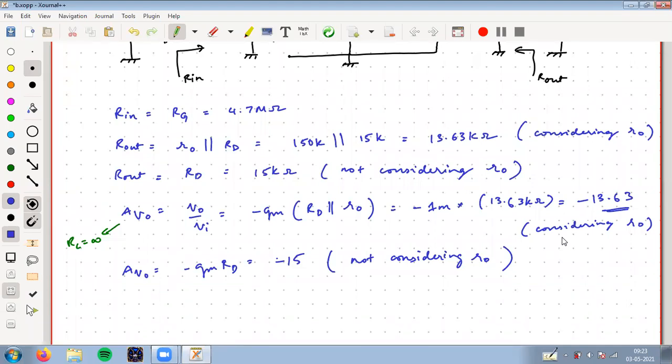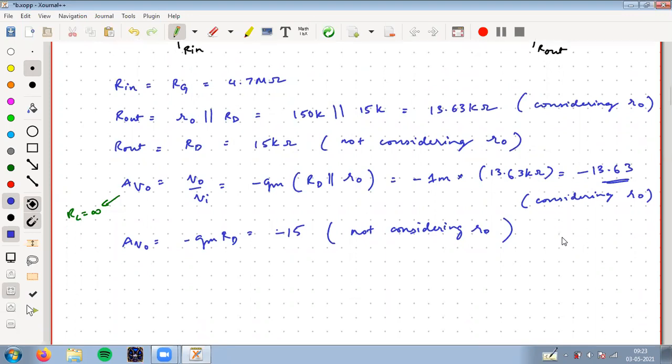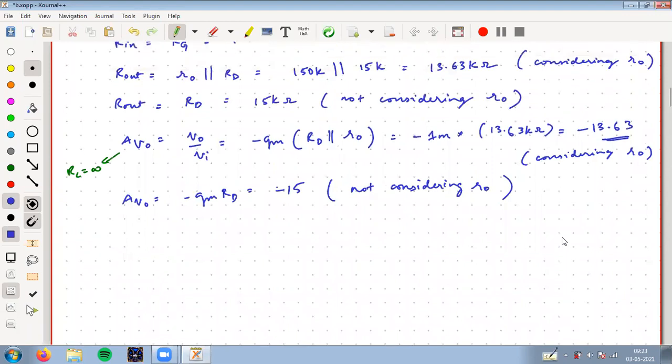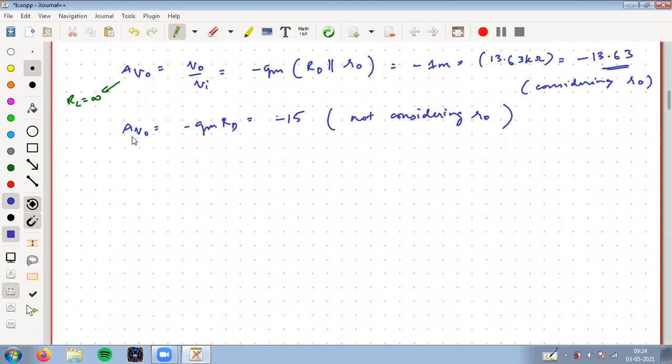Then we have GV. Here it's not GV0, so it's GV. GV means overall gain including RL, so here RL is not infinite. We have to consider RL. So GV is V0 by V signal, which is V0 by Vi into Rg plus R signal divided by Rg.